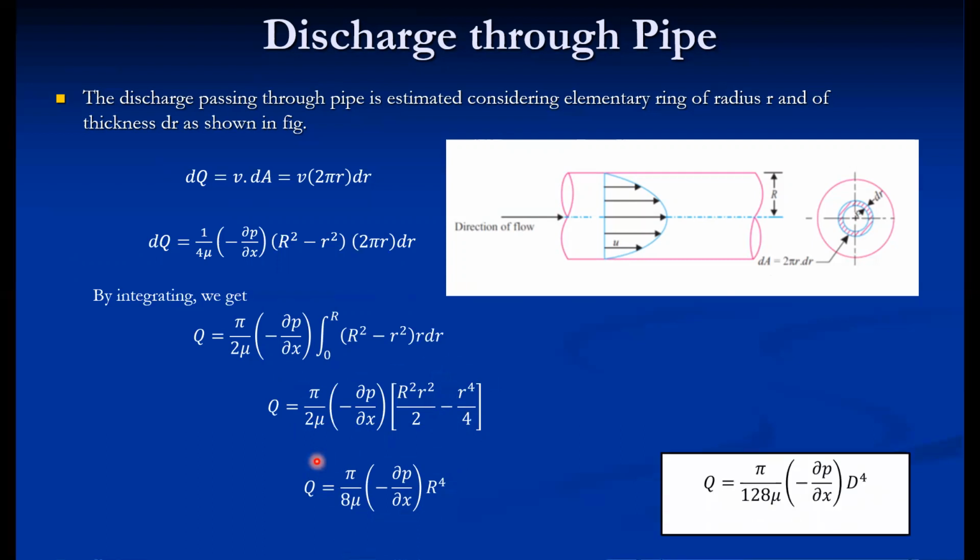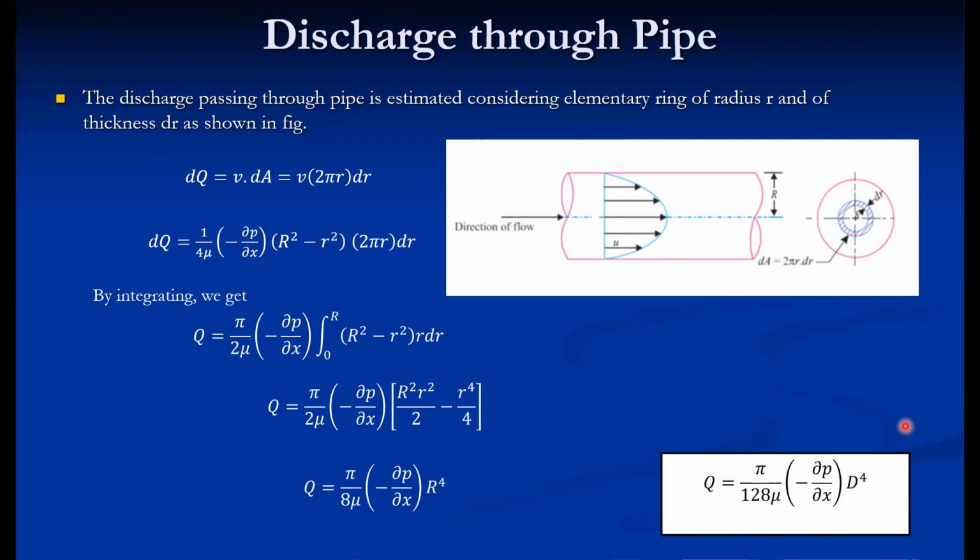According to the continuity equation, this is the discharge through the pipe, Q, in terms of radius. So instead of radius, we can put d by 2 raised to 4. So this is discharge in terms of diameter.